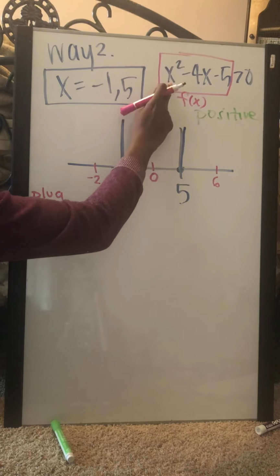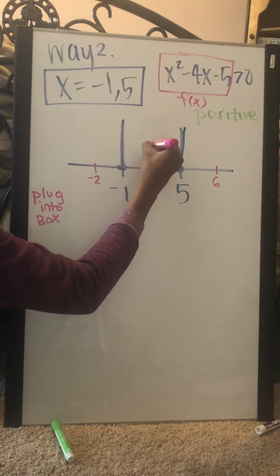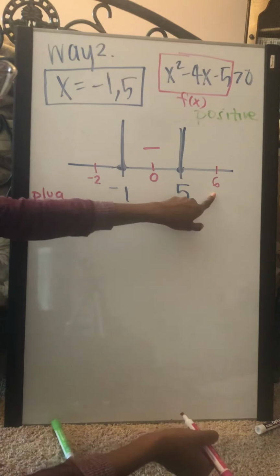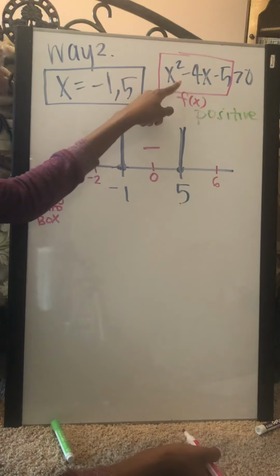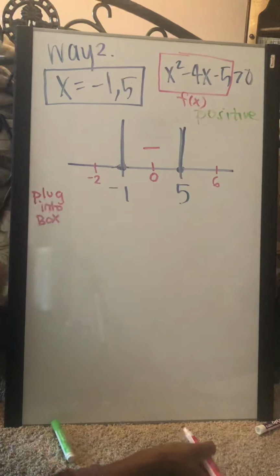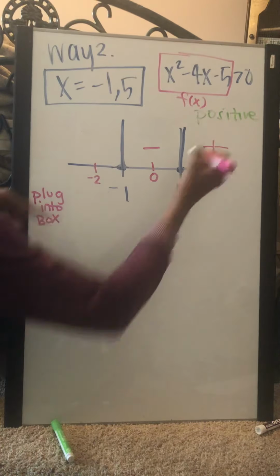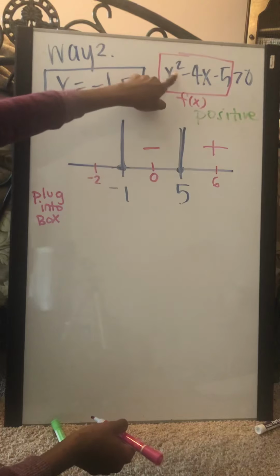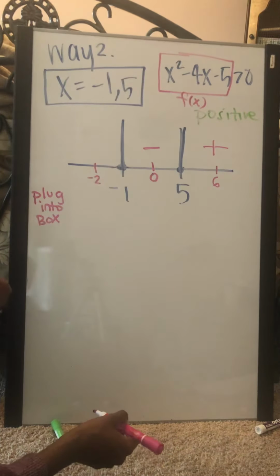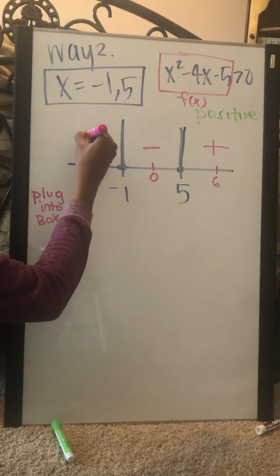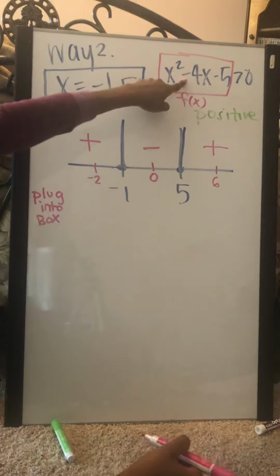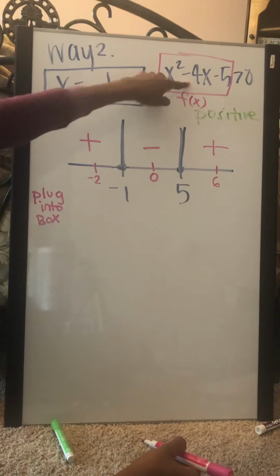If I do 0, we get 0, 0, negative, so here we get a negative. If I do 6, that's 36, minus 6 is 30, minus 6 is 24, so that's going to be a positive. We do negative 2. Negative 2 squared gives us 4, then minus negative 2, so we get a positive here. That's going to give us a positive 8.